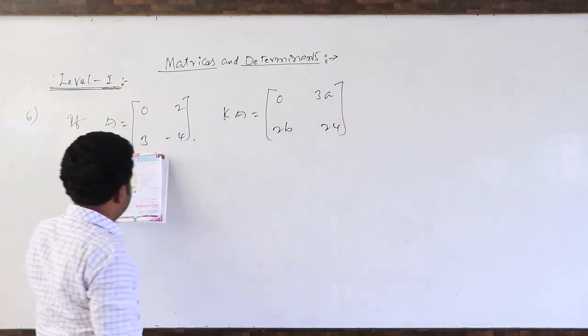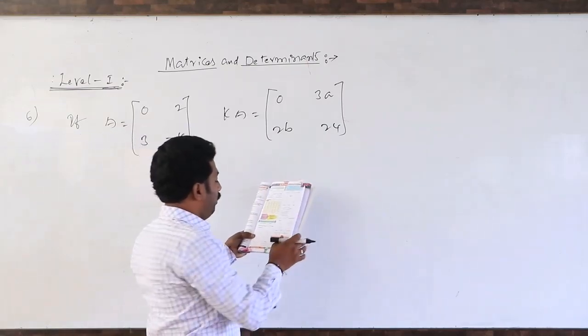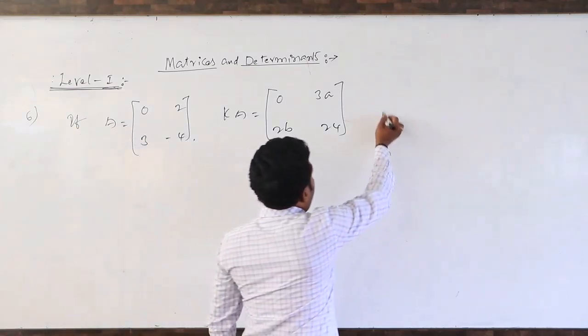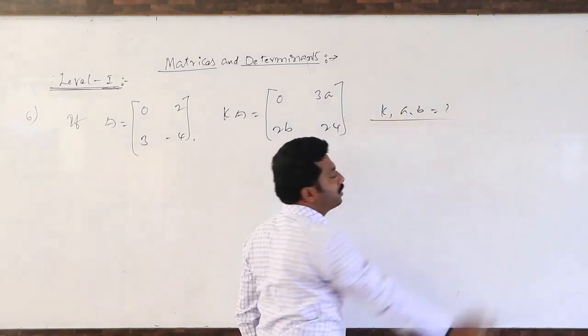So the A matrix they have given, the kA matrix they have given. Then the values of K, A, B they are asking.